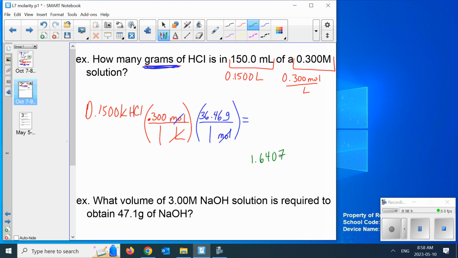So what I'm thinking is I need 3 significant digits because this one has 3 significant digits. Everything else was 4. So 1, 2, 3. I'm going to write down 1.64, and that is now in grams, and the chemical is HCl. There's my third mark.